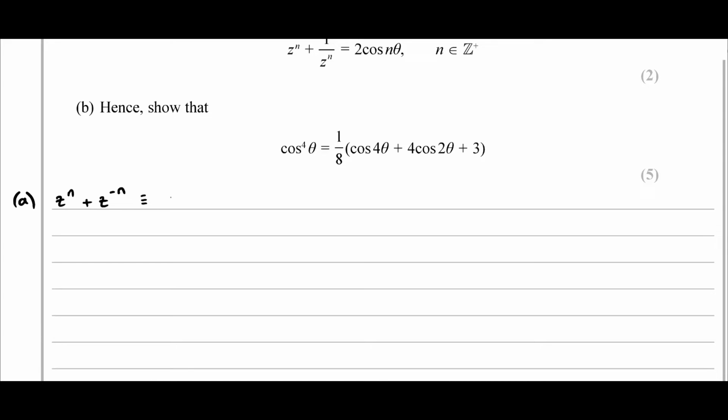So what this is the same as is (cos theta plus i sine theta) to the power of n plus (cos theta plus i sine theta) to the power of minus n.